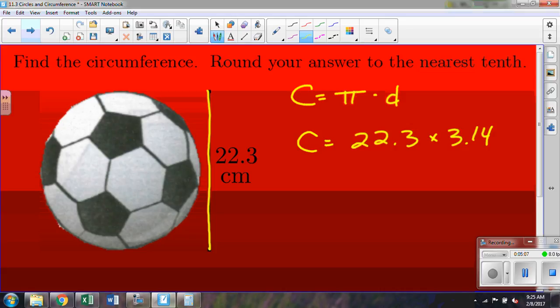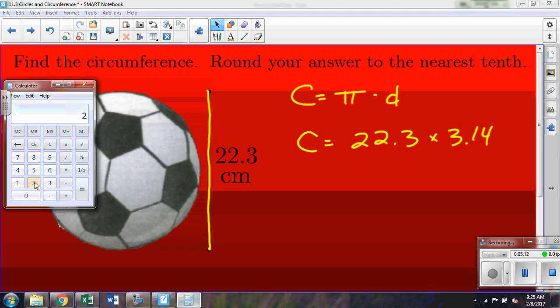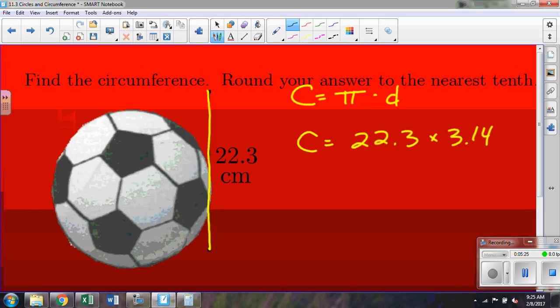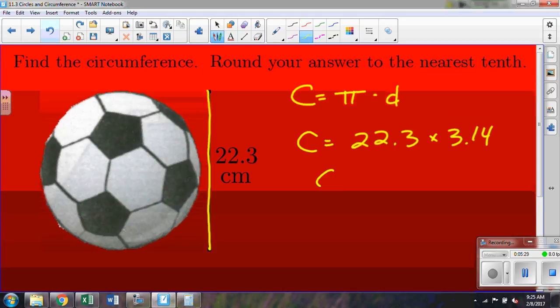And we'll just put it directly into our calculator then. 22.3 times pi. We get an approximation 70.02. Rounding to the nearest tenth. Our circumference is 70.0 centimeters. Done.